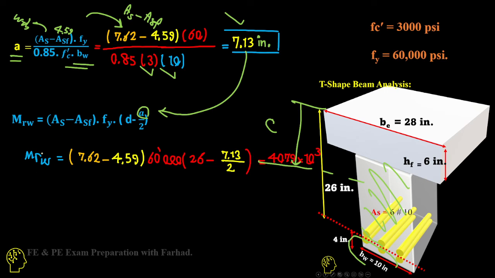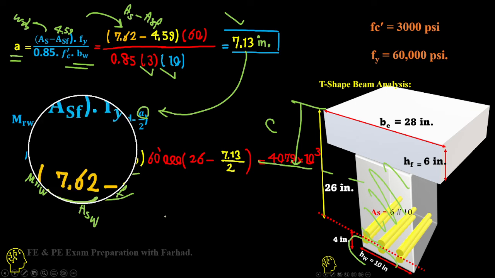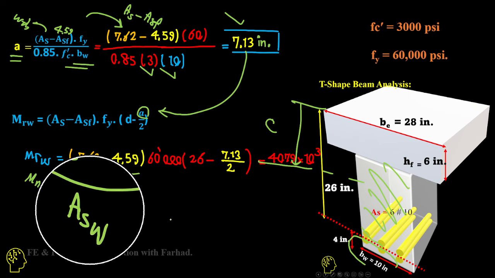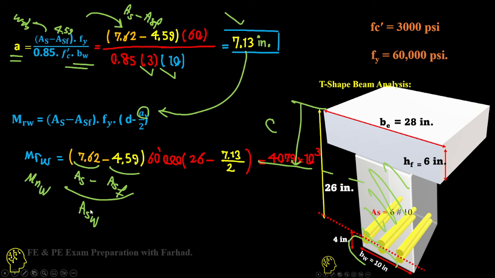As soon as you have your a, you can simply replace that in the equation, and it gives you MR for the web, or MN web. That's definitely AS minus, sorry, my bad, AS minus AS for the flange, which is AS for the web, the area of steel related to the web, times 60,000 times 26 minus a over 2.